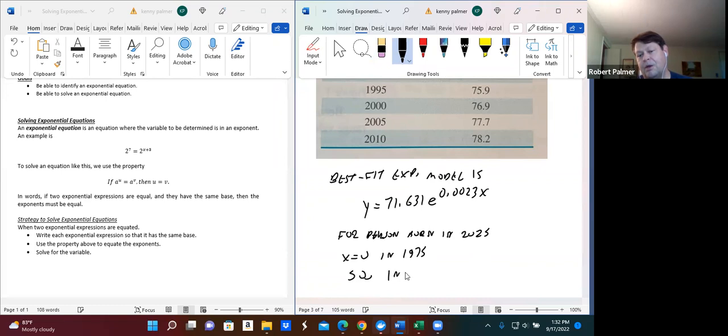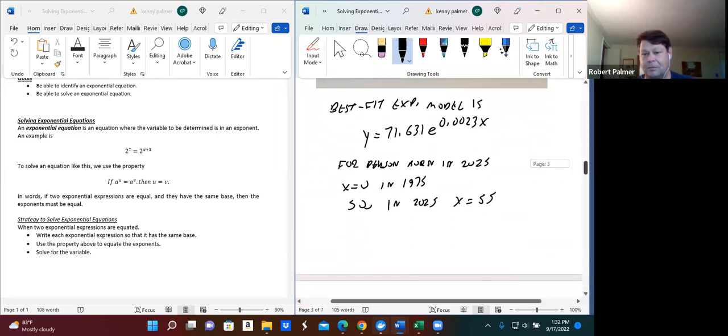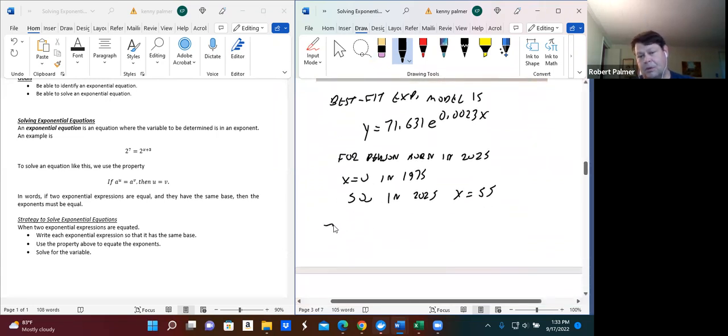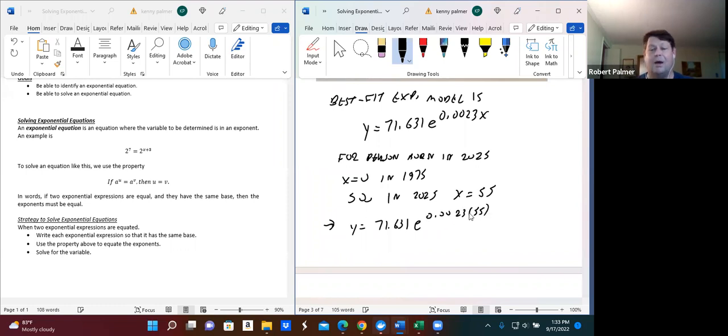So in 2025, that x would be equal to 55. Okay, so we're going to plug that in. And so we're going to have y is equal to 71.631 times e to the 0.0023 times 55. Now, I'm also going to use that on Desmos.